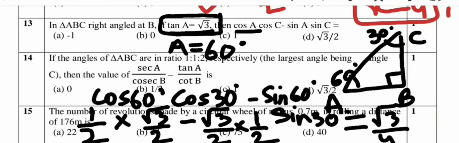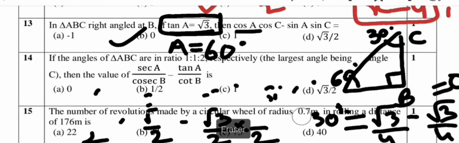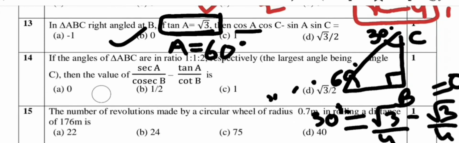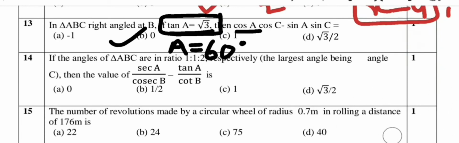These values you have to remember, or you may draw the table also. Sin 60 is √3 by 2 and sin 30 is half. Now if we solve it, we get root 3 by 4 minus root 3 by 4 and answer will be 0. So we can solve it like this. Sorry, it's question number 13. So option B is the correct answer.